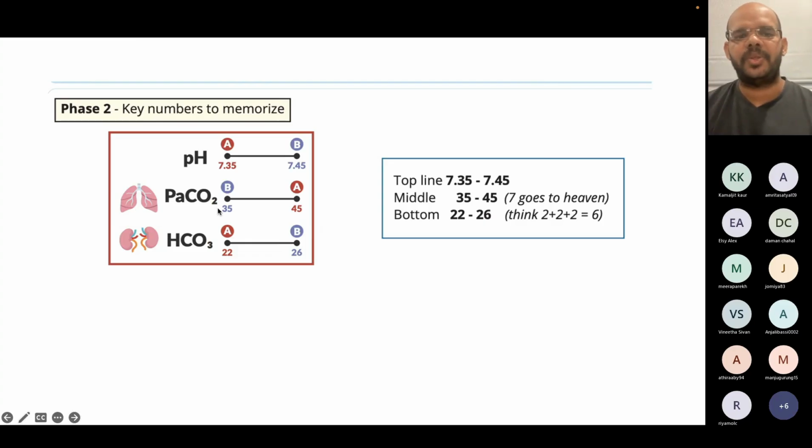Middle, PCO2, is 35 to 45. And the bicarb, HCO3, is 22 to 26. You have to mark it like this.